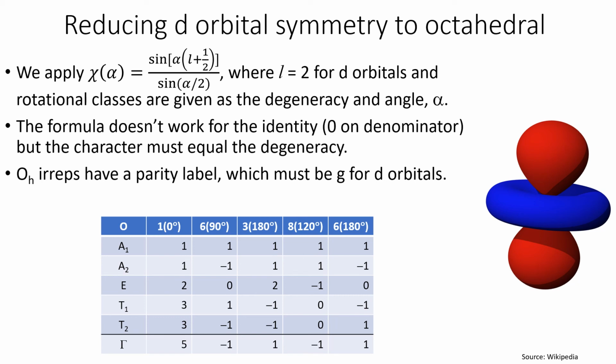Okay, so what we can do is go through each of those symmetry elements in turn, and we put the angle in brackets there into the formula and we put L equals 2, and as a result of that, all the numbers drop out in the character. So you see here, with L plus a half, that means we're just going to have to take the angle in the table and multiply it by 2.5.